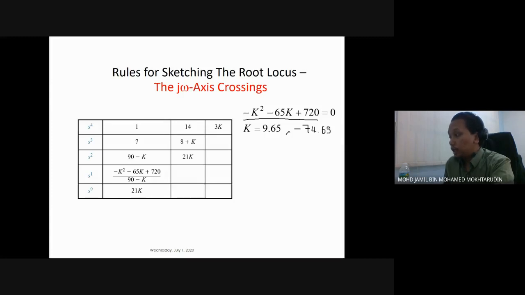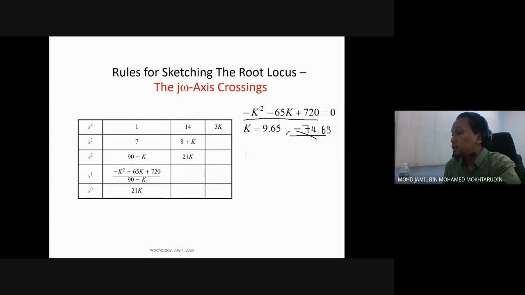So you get two values of k. Here you only take the positive k, so you ignore the negative 74. You only take the positive value of k.